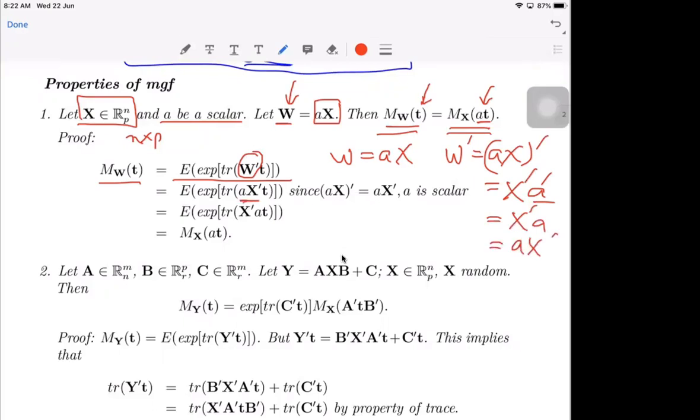Since a is just a scalar, you can group it with t, so this form is now the moment generating function of X at at. So this is quite easily done.